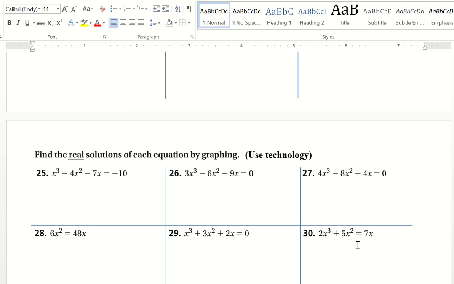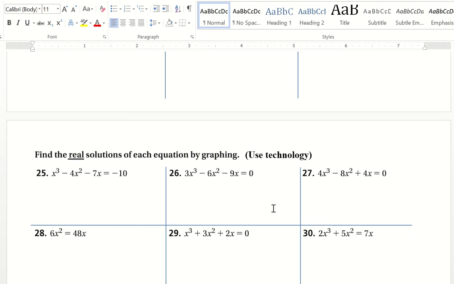And what you would do, you ready? You would throw this into Desmos by saying, like for number 26, for example, you would type it in as y equals 3x cubed minus 6x squared minus 9x. Just like this one, you'd type in y equals 4x cubed minus 8x squared plus 4x. And that way, what you're looking for is the x-intercepts.